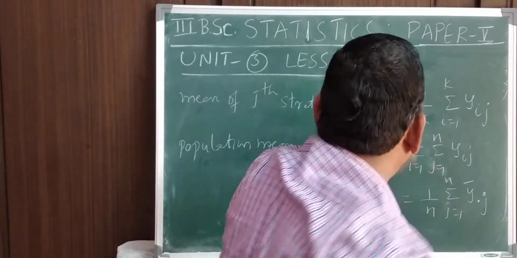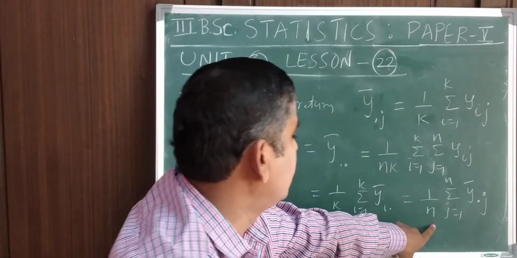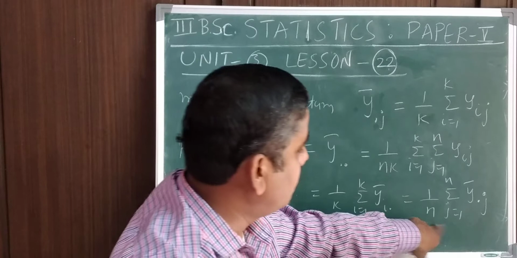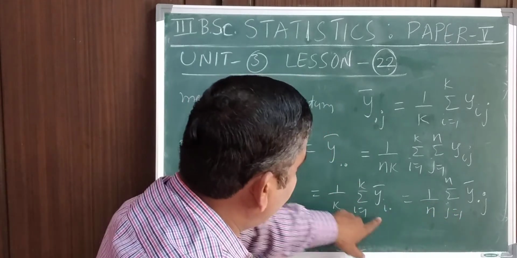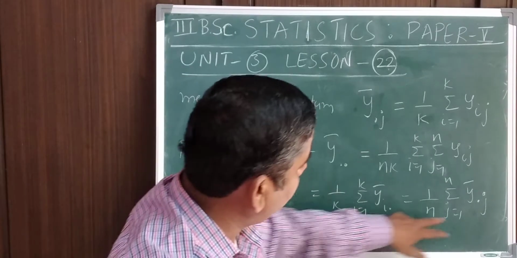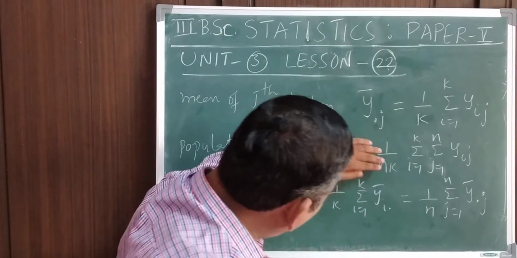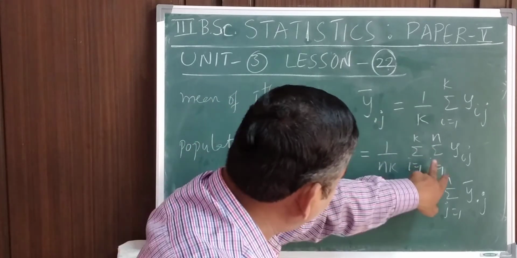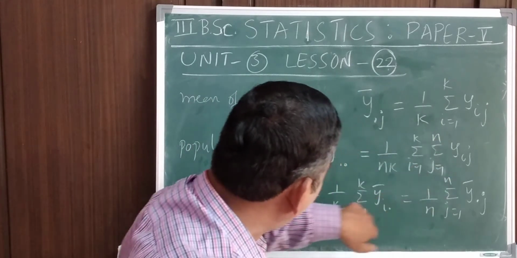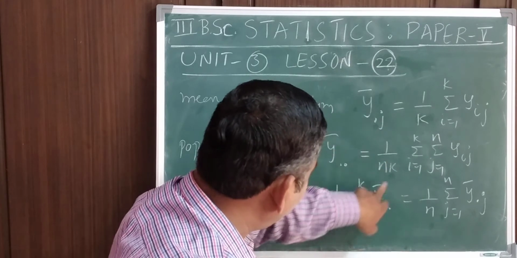If you want to use this y bar dot j, then the formula is 1 by n summation j equals 1 to n y bar dot j, and 1 by k summation i equals 1 to k y bar i dot. These are the two particular formulas, right? See here, you can observe 1 by n summation j equals 1 to n y_ij is nothing but y bar i dot.